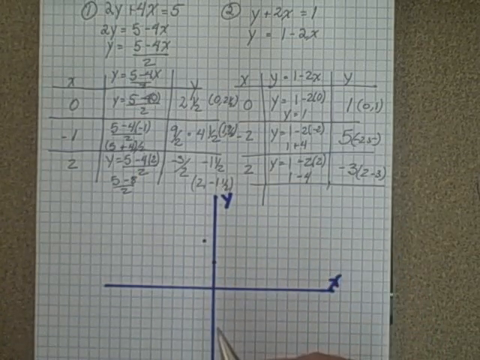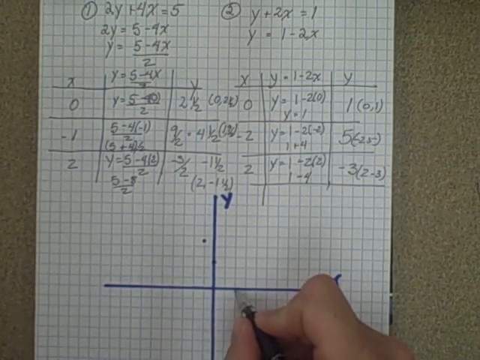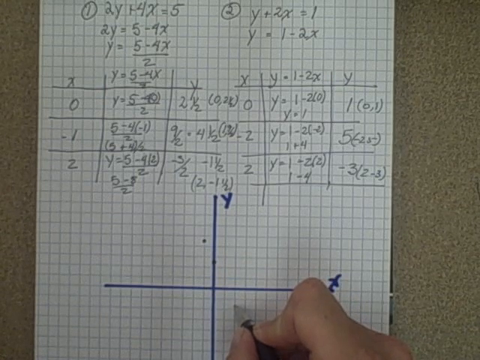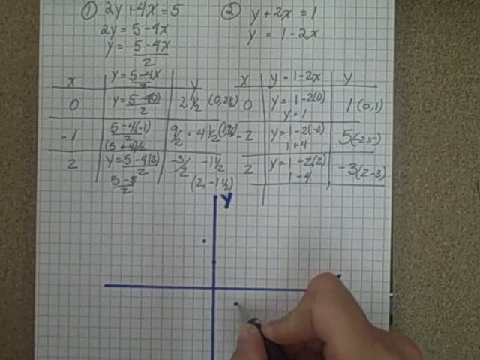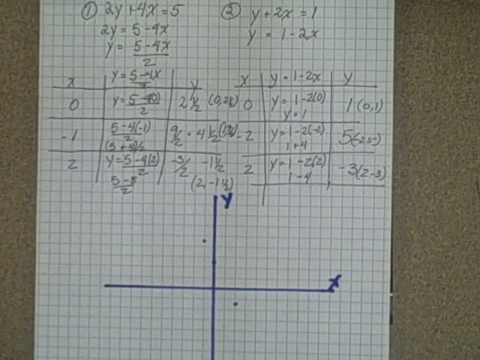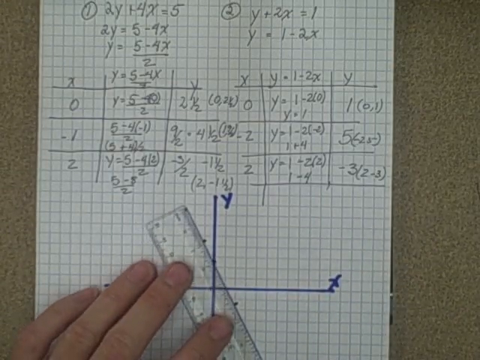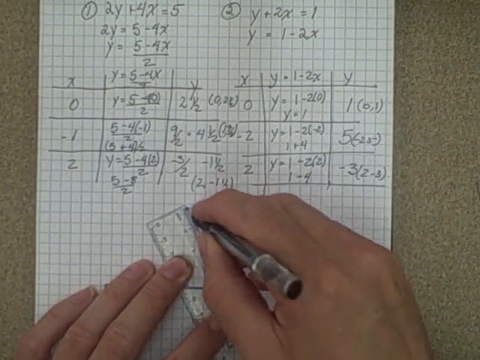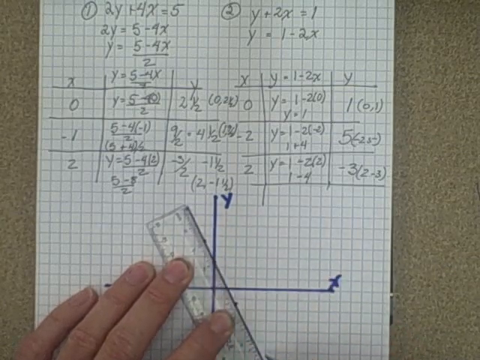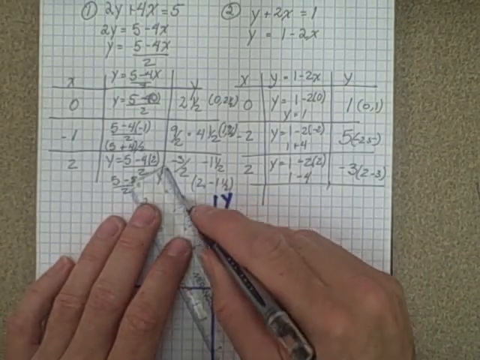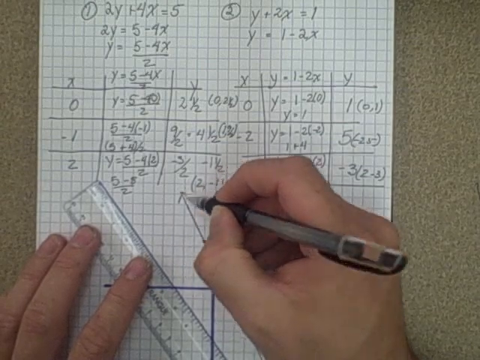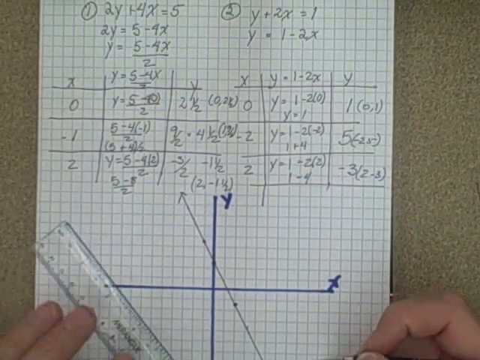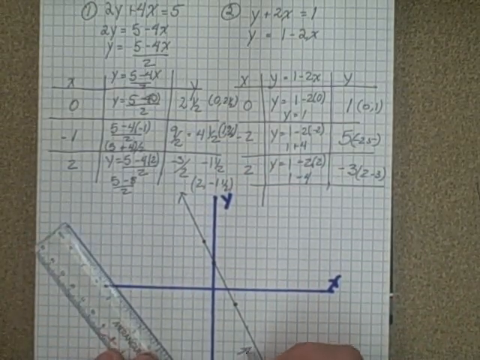And then finally, 2 and negative 1 and 1/2 would be all the way down here. So using 3 points, I should be able to see if they line up here. And there they are. So I draw my line in there, make the arrows on the ends so that we can see it, and label that as line 1.